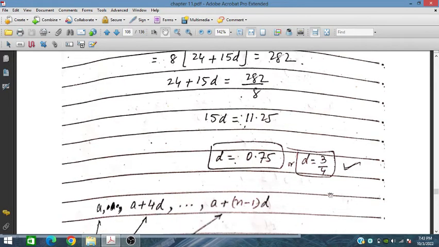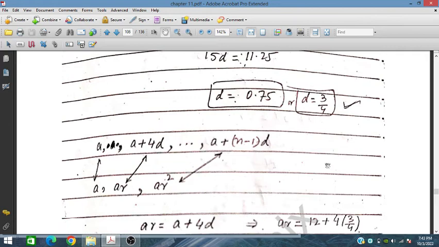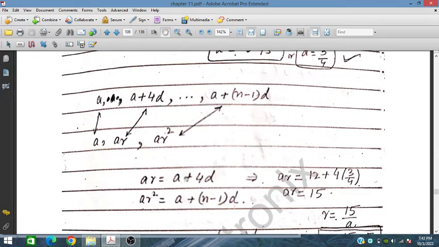So this d is obtained, and now we will place the corresponding values. The first term corresponds to the first term, and the second term corresponds to the second one.